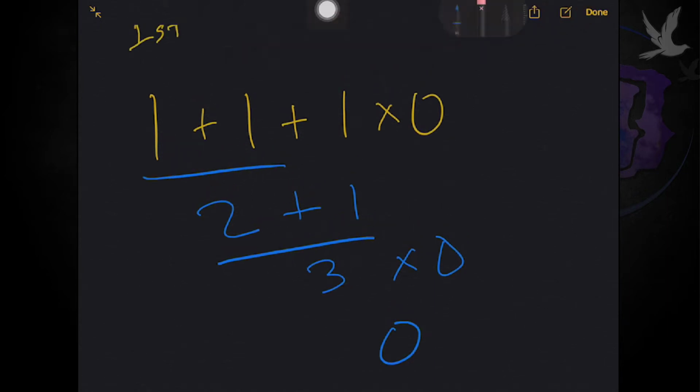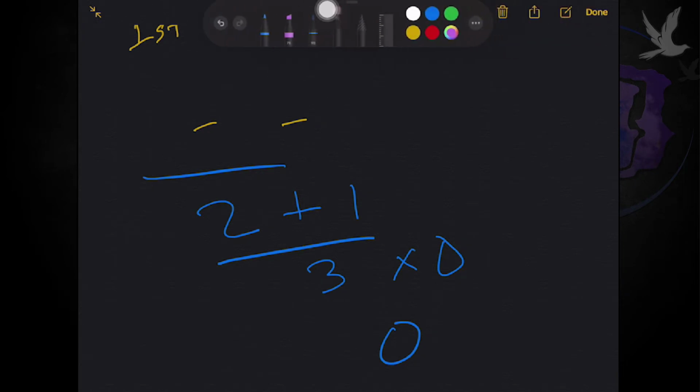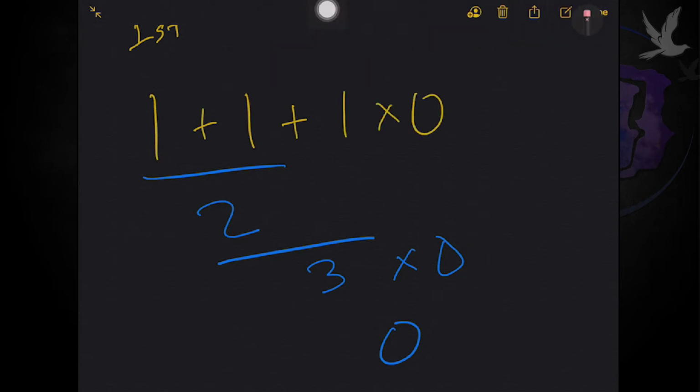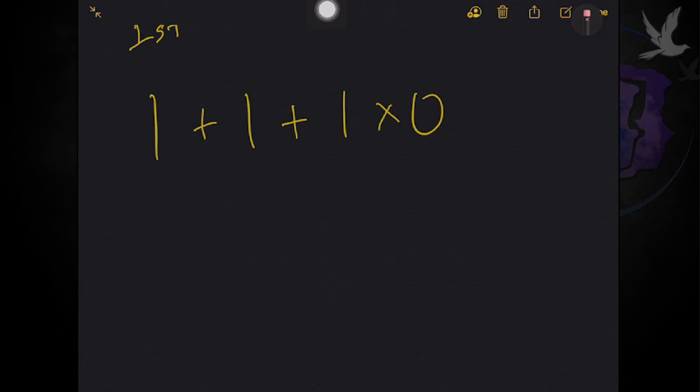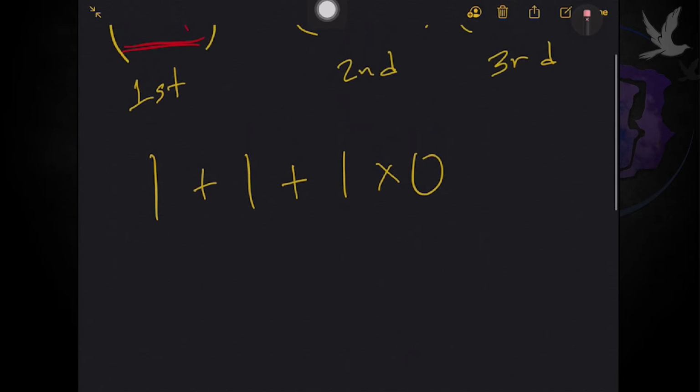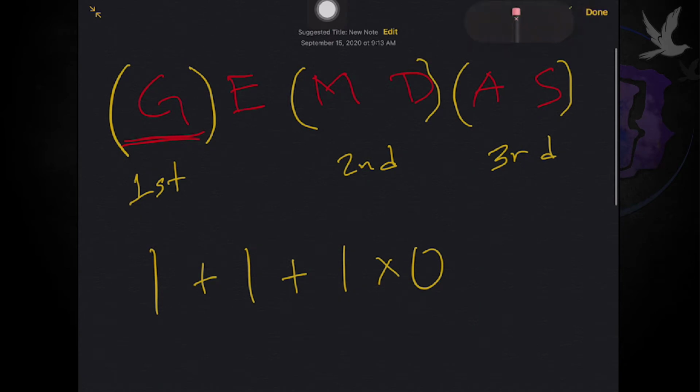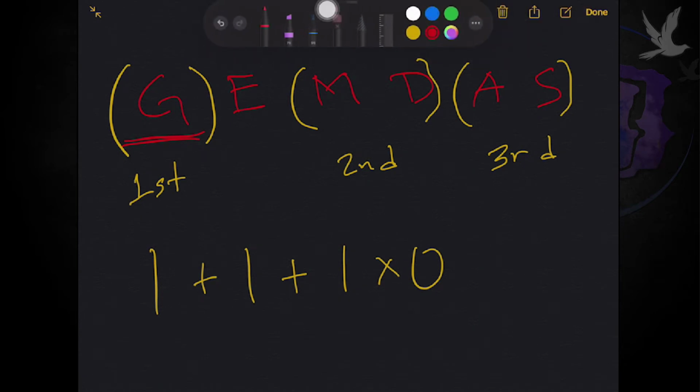Again, we have to follow the G.E.M.D.A.S rule. Which means we have to do the grouping first. Do you see any groupings here? Yes or no? There is none. There's no open close parenthesis in this case.